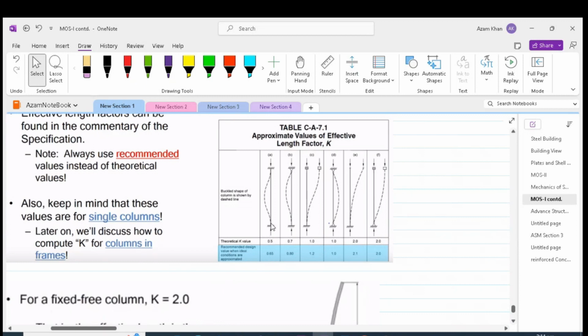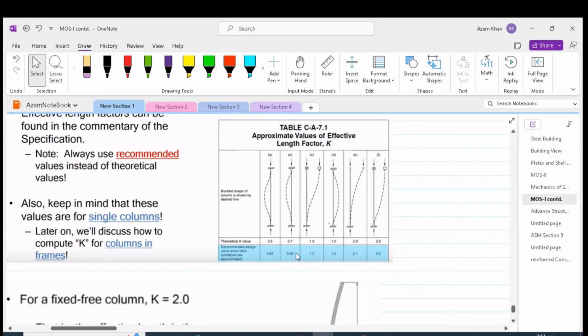So in the case of both ends fixed, instead of taking 0.5, the code says we can take 0.65. In the case of fixed and pinned, the recommended value of the code is 0.8.